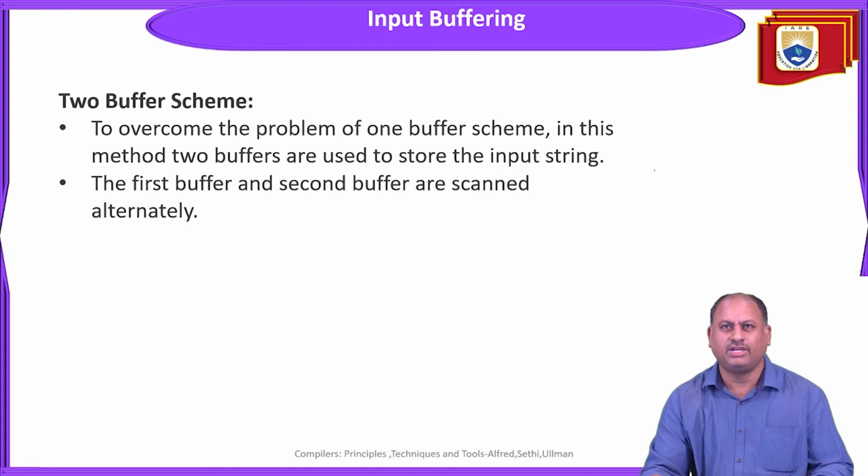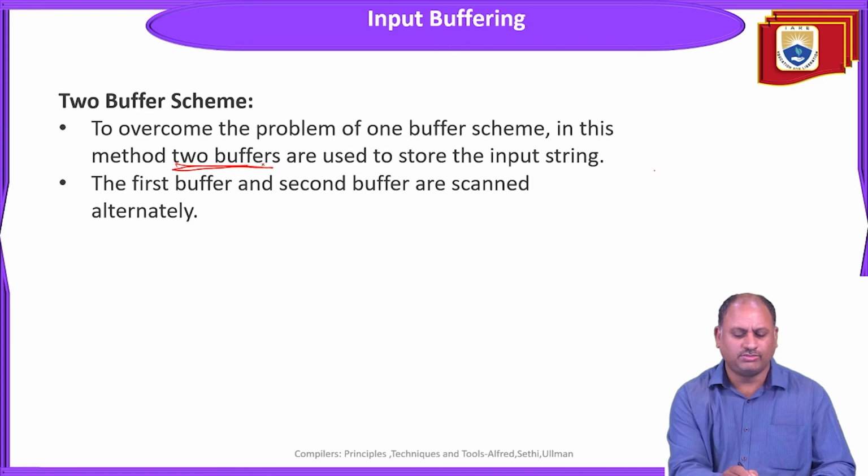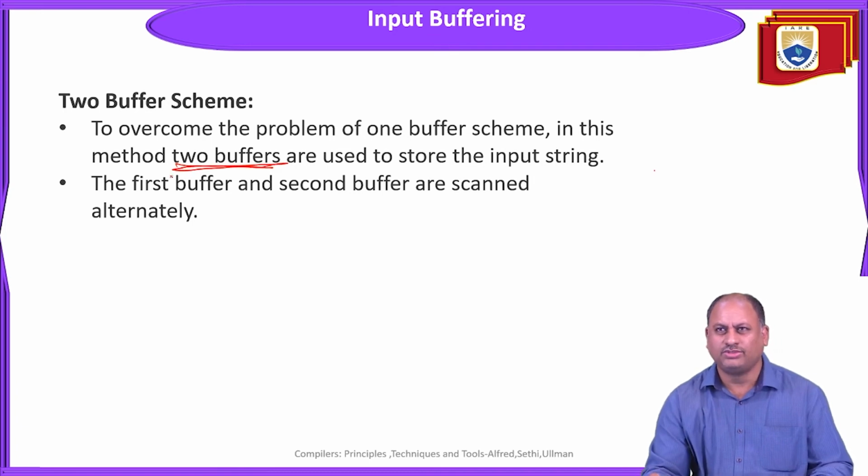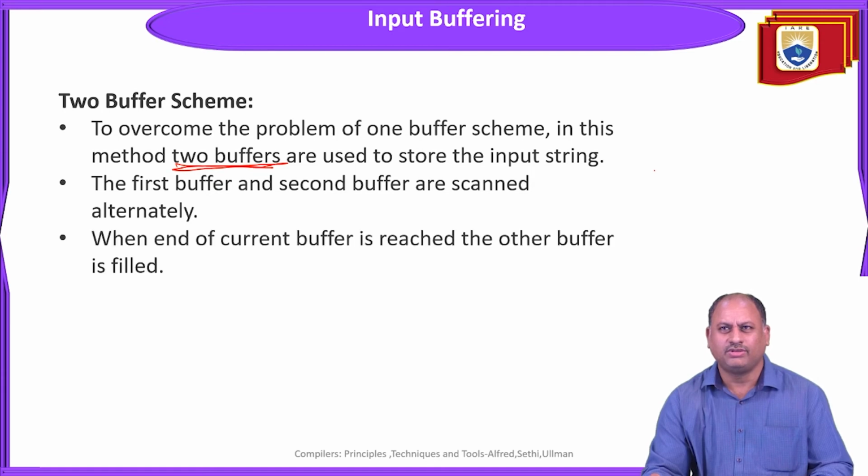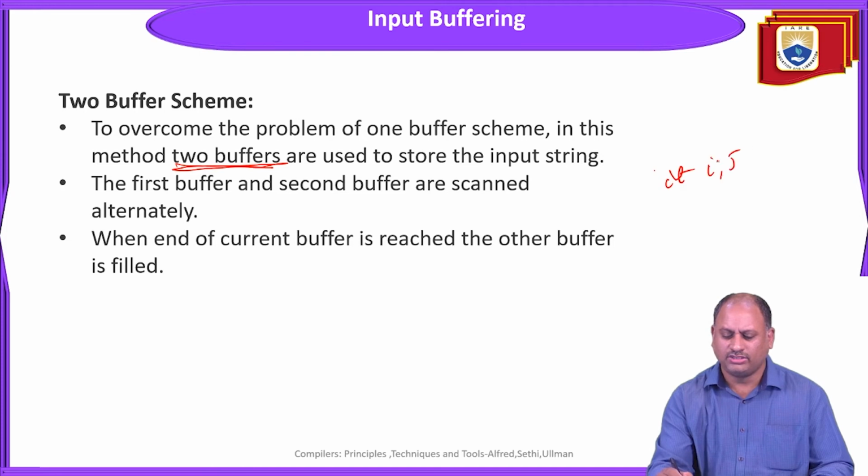Here in the two buffer technique, the problem which arises in one buffer is eliminated by introducing two buffers. Here we have a two buffer scheme, meaning two buffers are used for storing the input strings. So for example, the first buffer stores some input, for example, int i, j semicolon space int.